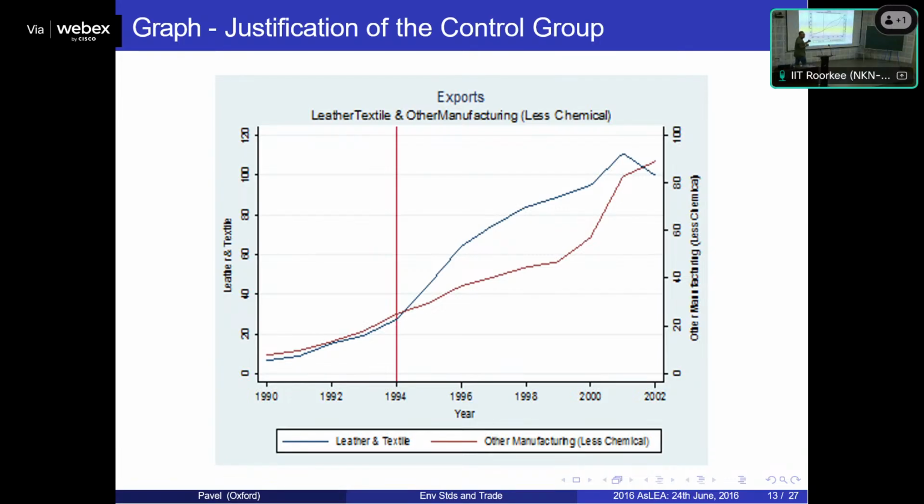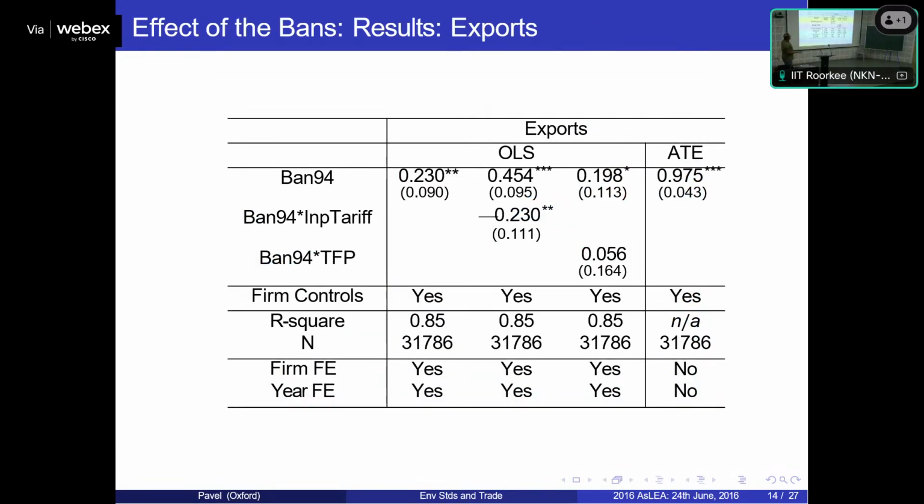So this gives me the idea that there are parallel trends before between leather and textile and other manufacturing, and it went different after the ban. That's why I can compare leather and textile with other manufacturing, because it is a suitable control group, right? Simply, you can see the ban, which is an interaction term, led to about a 23% increase in exports.